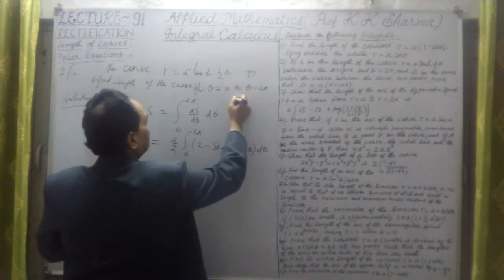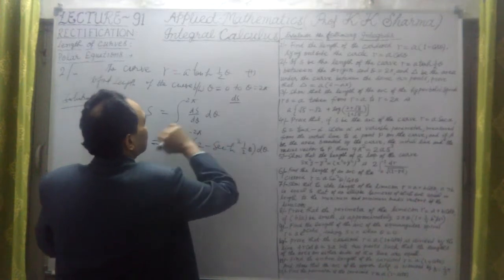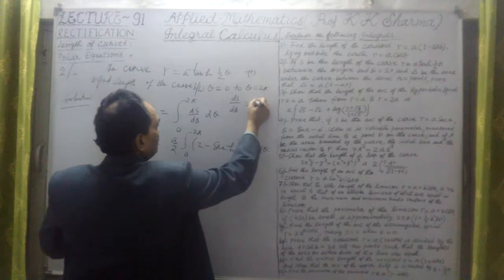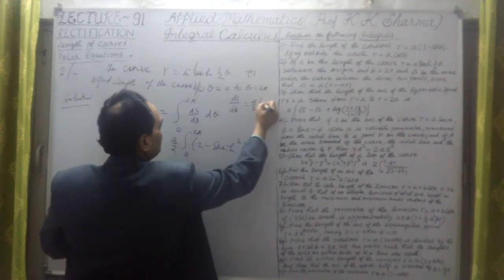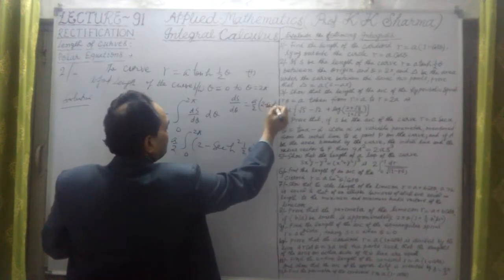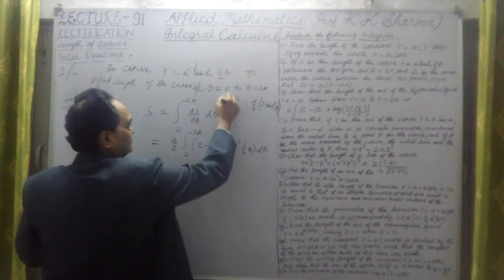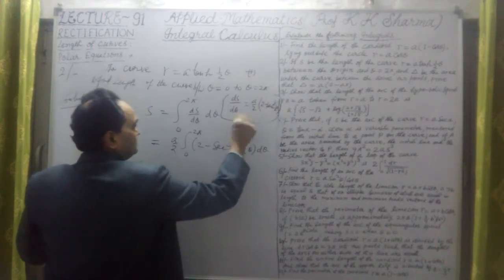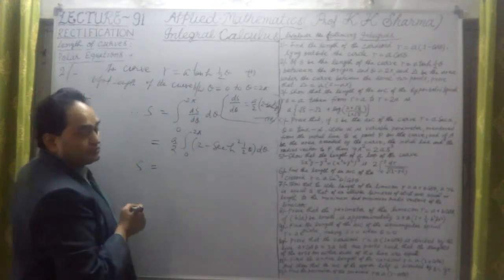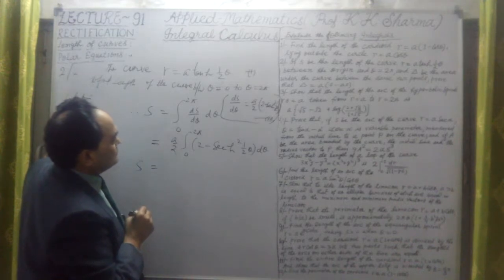Let me write here, because ds d theta will be required. Okay, ds d theta is this value, a upon 2 into 2 minus sech square 1.2 theta. This is the value of ds d theta. Let me preserve it here because it will be required in case of area also. Okay, that value is there.